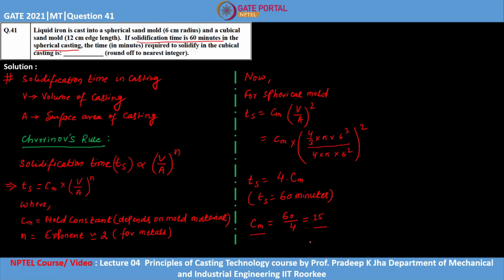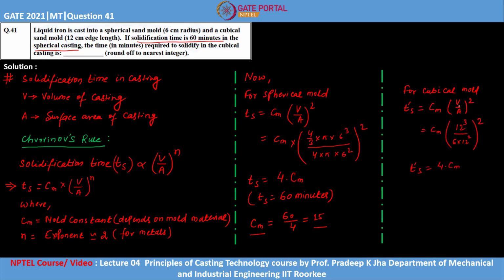Now we will consider the case for the cubical mold. Let's say for a cubical mold, the solidification time is denoted by Ts bar. Similarly, we'll write the relation Ts bar is equal to Cm times V upon A to the power 2.